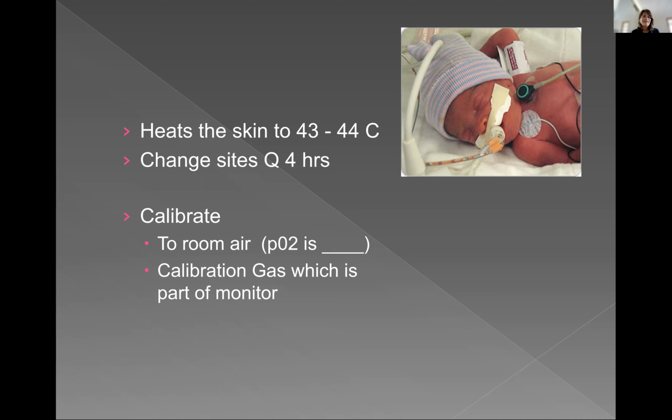In order to get arterial blood to flow to the surface, the skin has to be warmed up. So there is a little heater inside the electrode. It warms the skin to about 43 to 44 degrees Celsius.